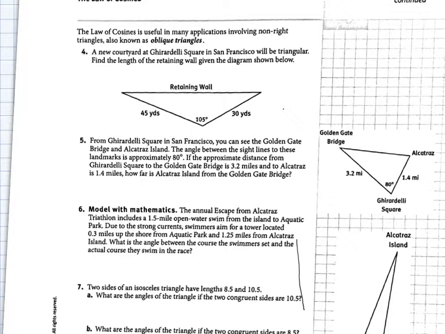We are looking for the length of the retaining wall from the diagram below. It says a courtyard in Ghirardelli Square in San Francisco will be triangular. Find the length of the retaining wall given the diagram shown below. So if we're looking for x, remember it starts with the side. So we're going to start with x squared and use the other two sides within the formula.